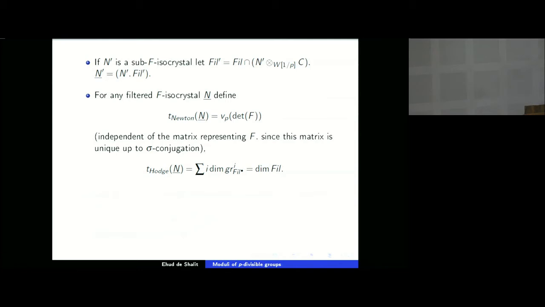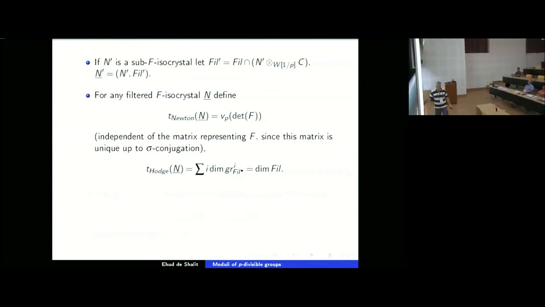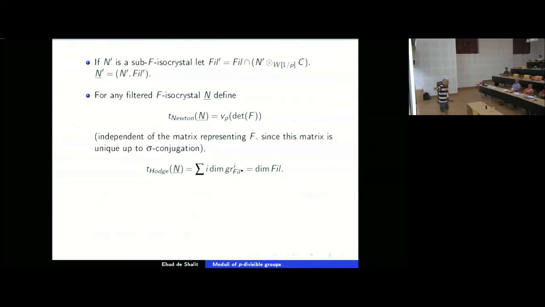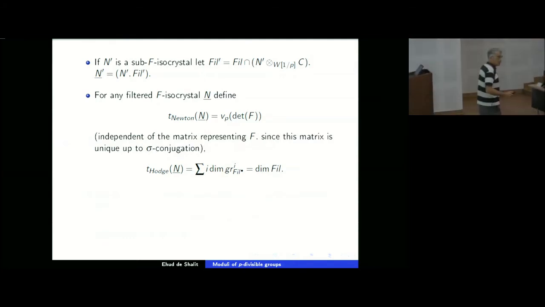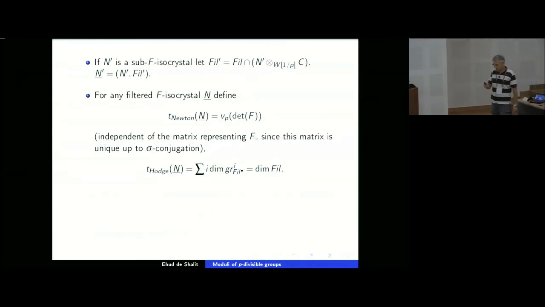If F was your matrix describing Frobenius, and you make a change of variable, then you change the matrix by sigma conjugation. Can you see it? It's not PFP minus 1, but it's sigma(P) F P minus 1. But nevertheless, the determinants of sigma(P) and P have the same valuation, so the valuation of the determinant is well defined, and that's T Newton. And T Hodge will simply be the dimension of the filtration. In this case, it will be D.